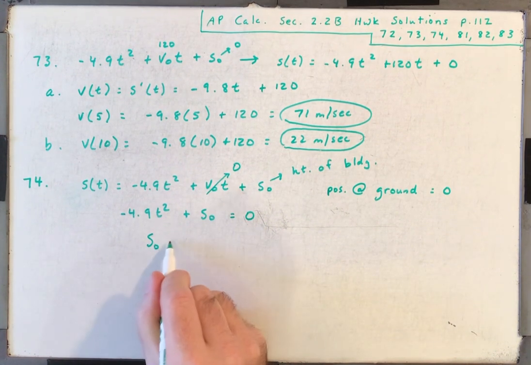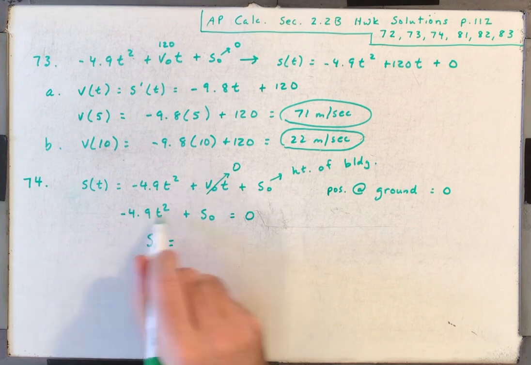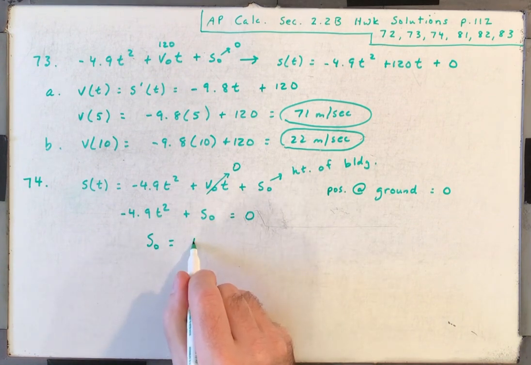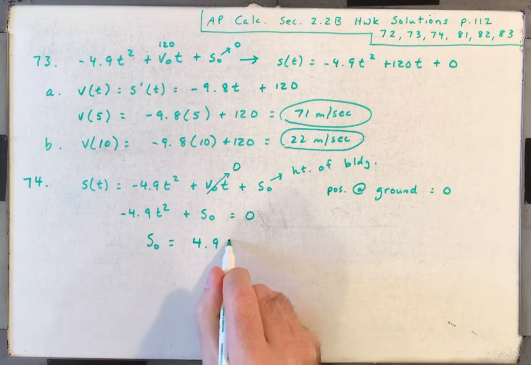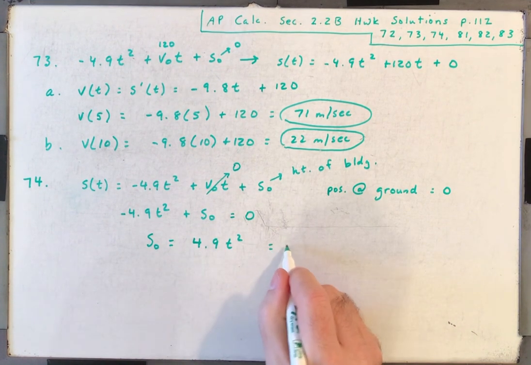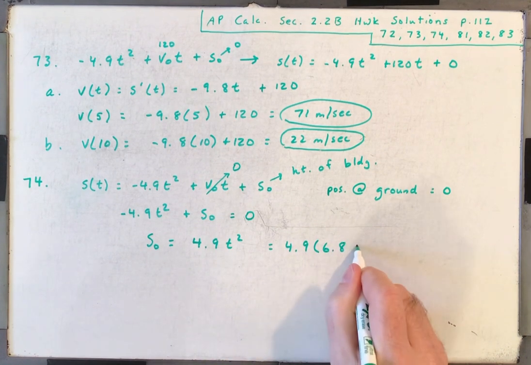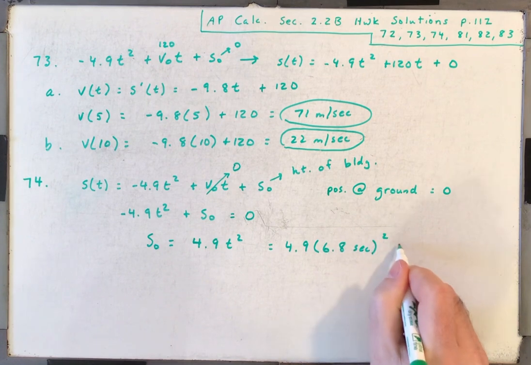So our height, s of 0, is going to be, if we move the negative 4.9 t squared to the other side, just positive 4.9 times t squared. We know that time is 6.8 seconds, so they did the hard work for us. Don't forget to square it.